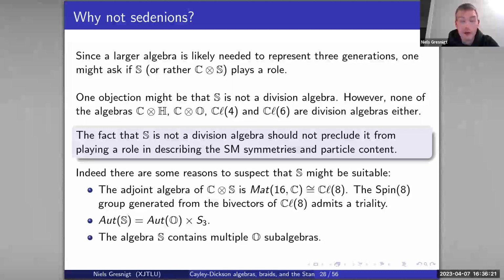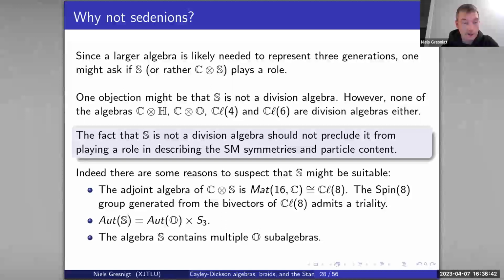Another thing is if you look at the automorphisms of the Sedenions, then you find out it's really just the automorphisms of the octonions with a factor of S3. So I thought, well, that's kind of interesting. It seems that the underlying symmetries are the same as those of the octonions, but we seem to have 3 copies of it somehow.